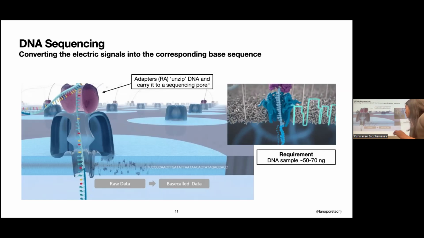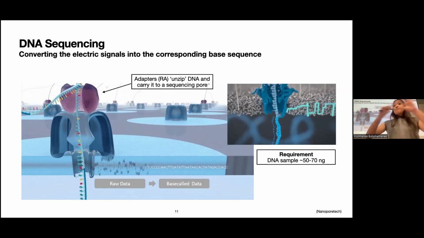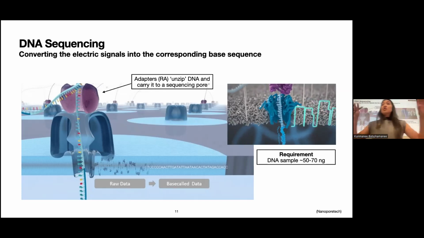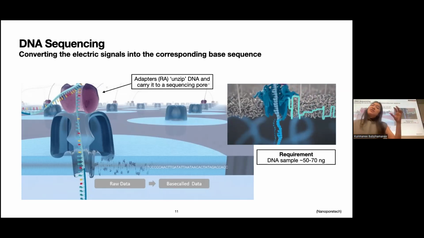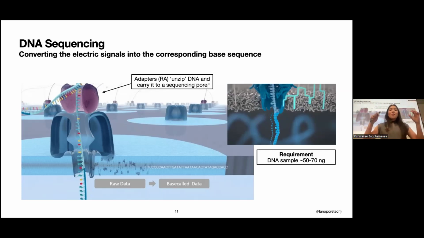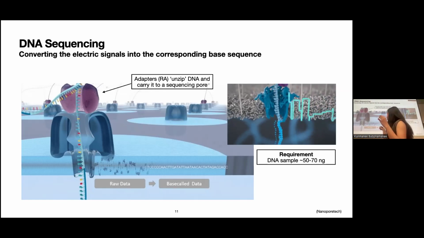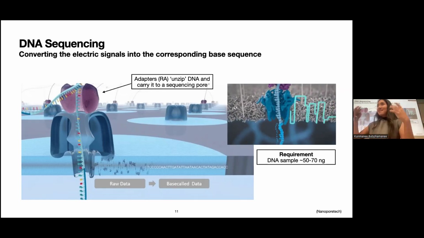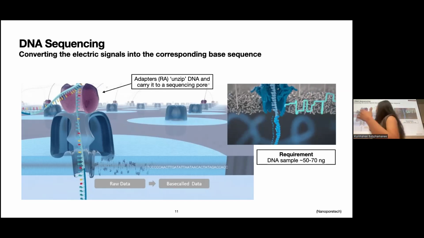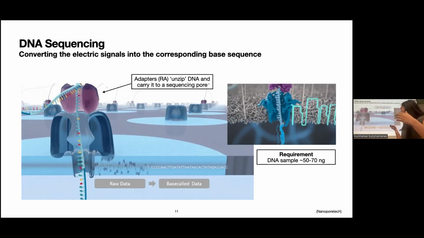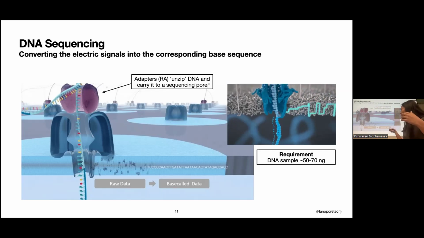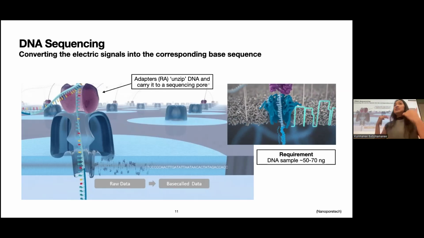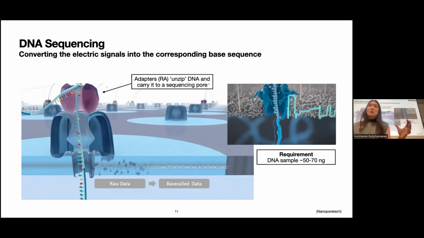And the pore is basically in a membrane that's soaked in salt solution. So when electrical potential is applied, this salt, as it moves through, creates an electric current, right? But when the adapter carries the DNA and it passes through the pore, it disrupts the electrical signal.